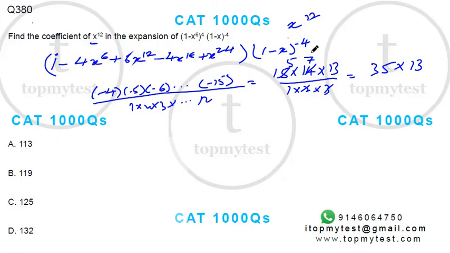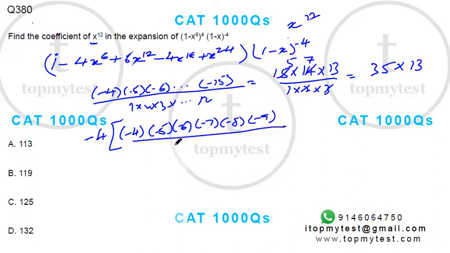Then to get x to the power 12, you need to multiply the coefficient of x to the power 6 here with the coefficient of x to the power 6 here. So that will be minus 4 into minus 4 into minus 5 into minus 6 into minus 7 into minus 8 into minus 9. 6 terms over 6 terms here.